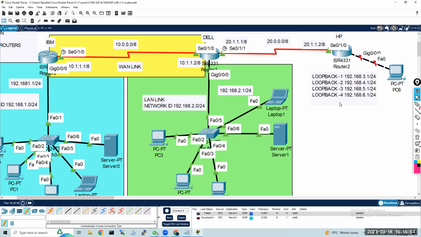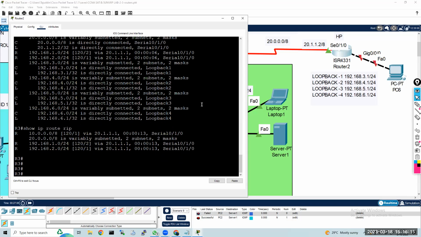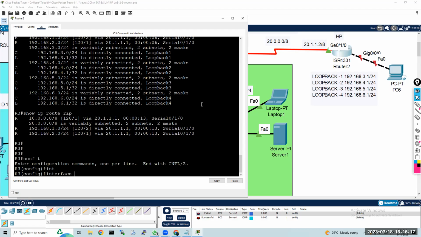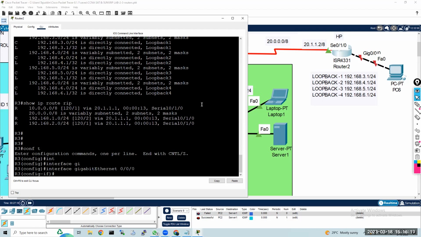If I attach one PC here, what is the first step I should do, guys? It is a router, so you should assign an IP address to the port which you connect, from the router side. Okay, so I should give the IP address on interface GigabitEthernet 0/0/0.